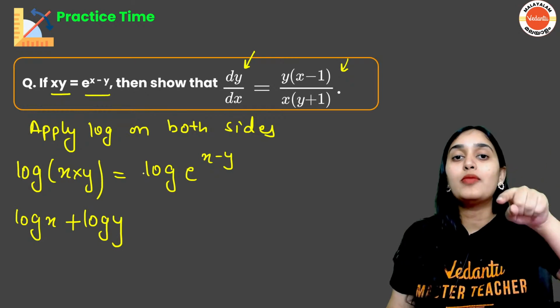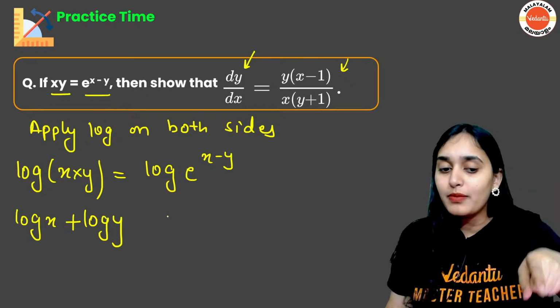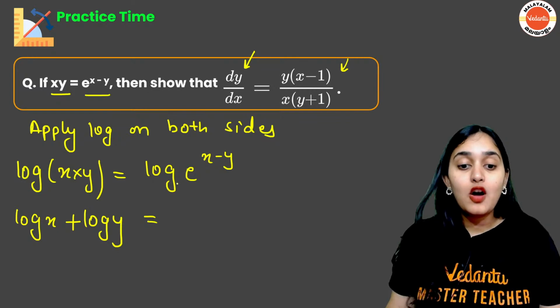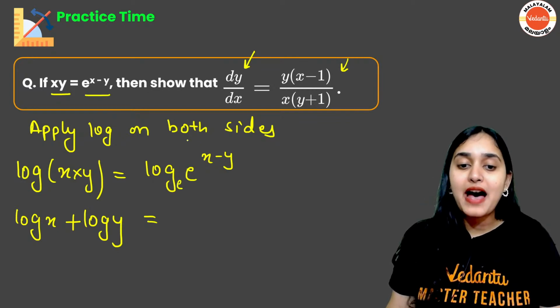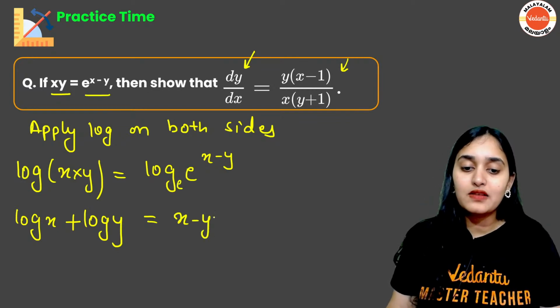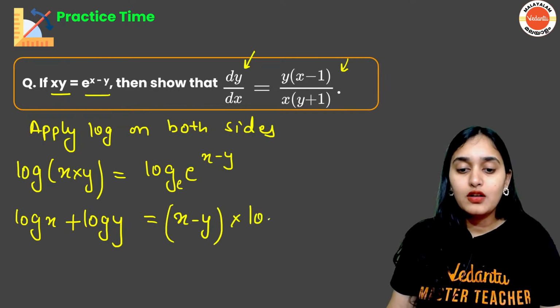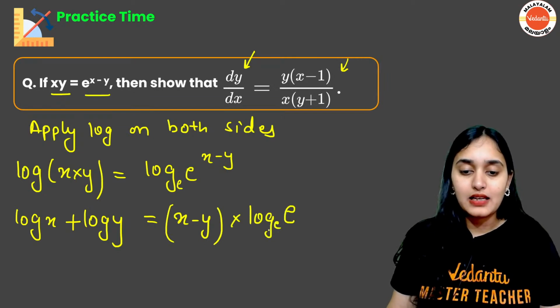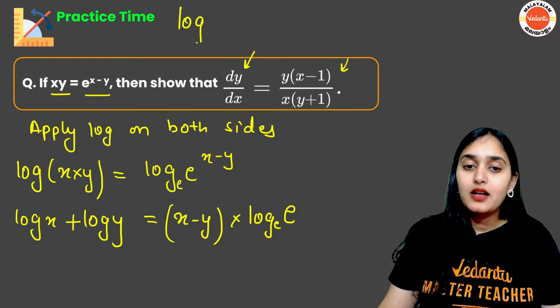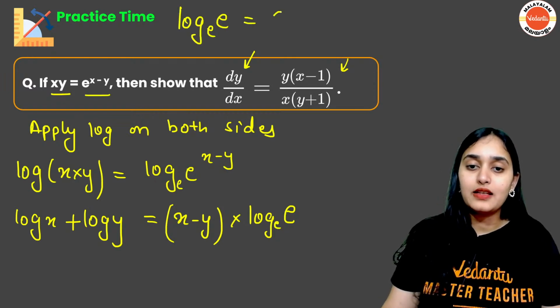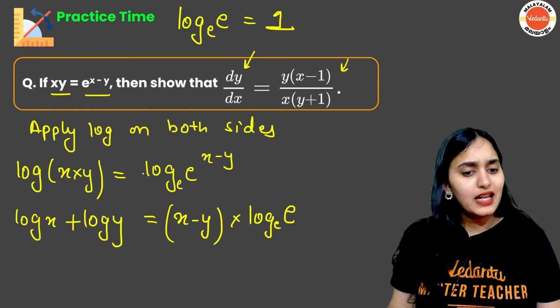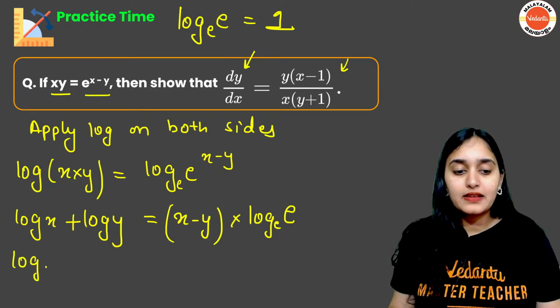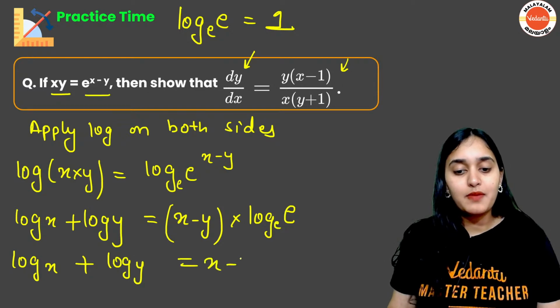Log a into b is log a plus log b is equal to log base e, e. Power will come in front, x minus y into log base e, e. Now, remember, log base e, e is equal to 1. So, this will be nullified. So, we have log x plus log y is equal to x minus y.